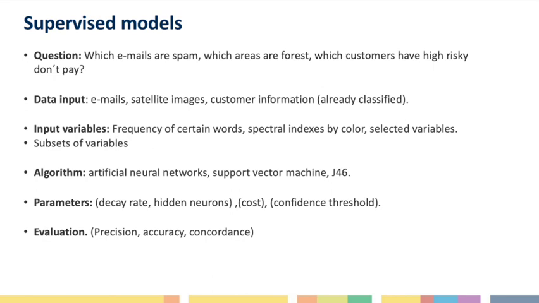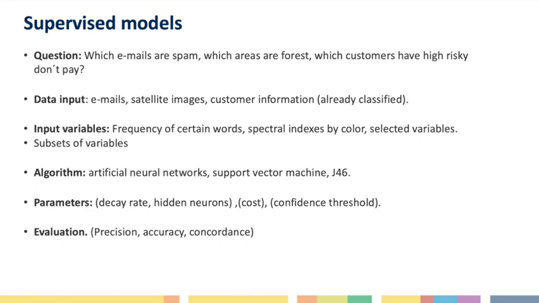And for the case of defaulting clients, it varies. There's nothing that's perfect globally, but different tools can be used in different banks. J48 would be a good option. This is a classification algorithm.